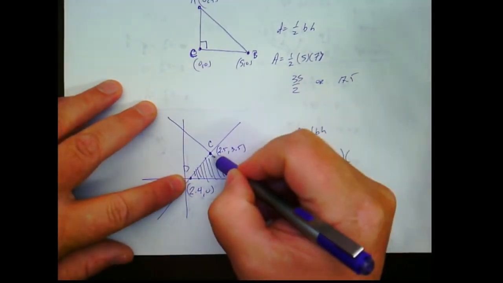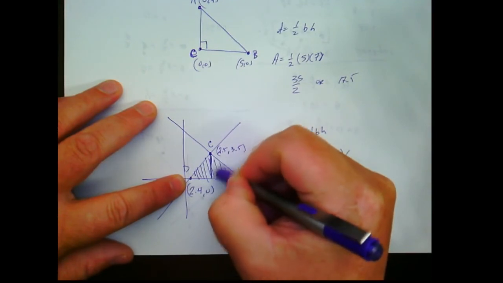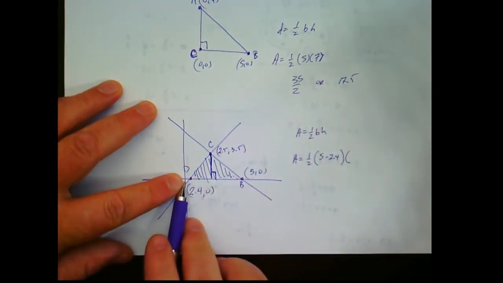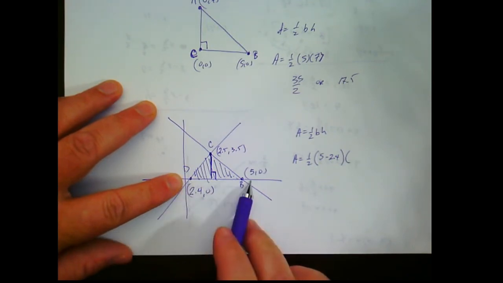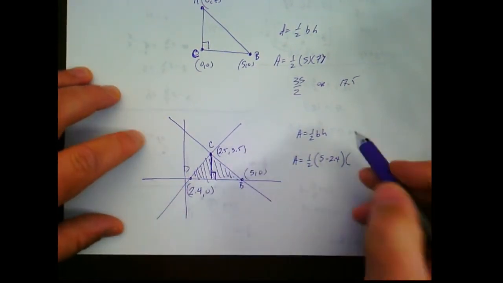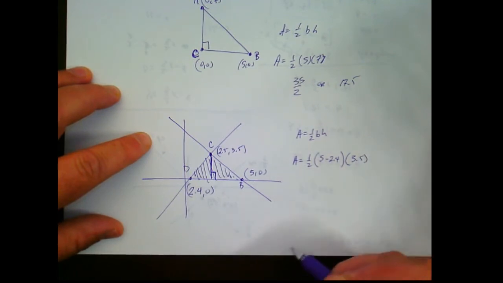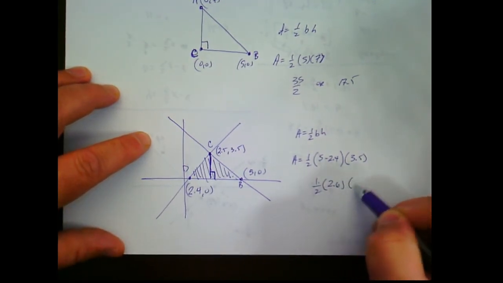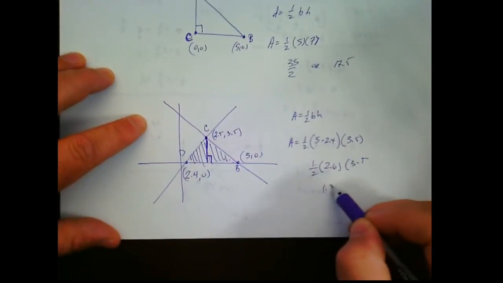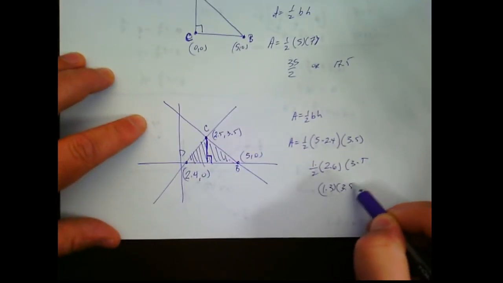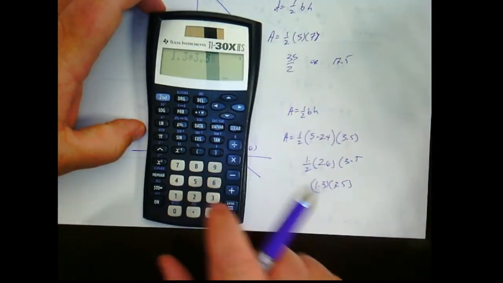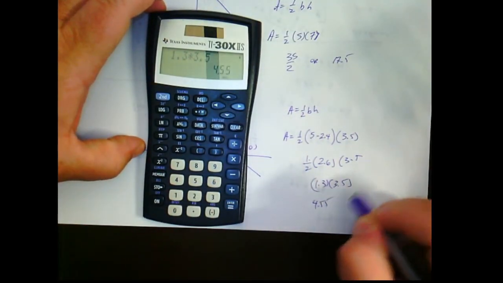And then the height of this triangle is the perpendicular distance. A vertical line is perpendicular to a horizontal line. The x-axis is horizontal. I know that this height is 3.5. So it's one half of 2.6 times 3.5. That's going to be 1.3 times 3.5, which equals 4.55.